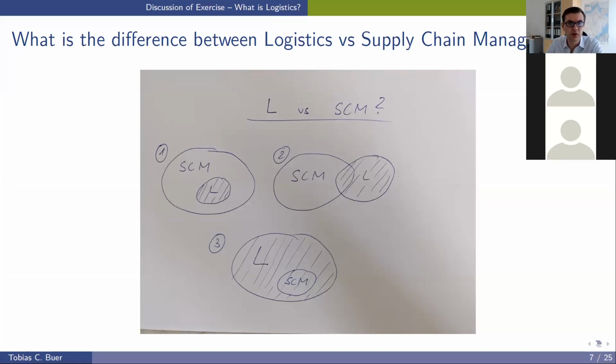And at that time, it was right. But in the meantime, the activities from supply chain management have just been assumed by the logistics management activities. So this is the reason why now we follow the definition number three, the opinion number three, that supply chain activities are a part of logistics activities.